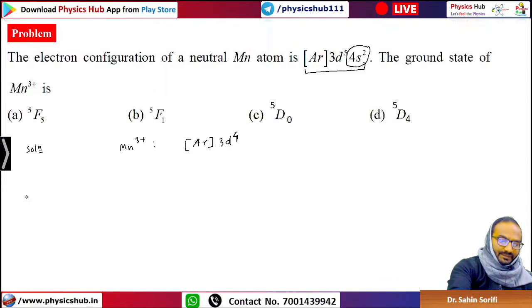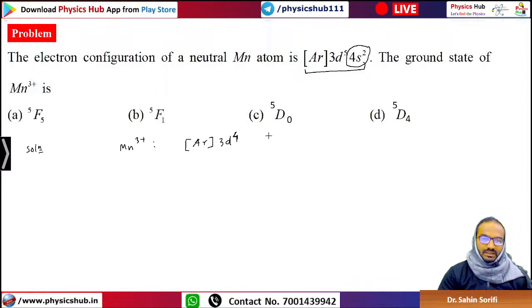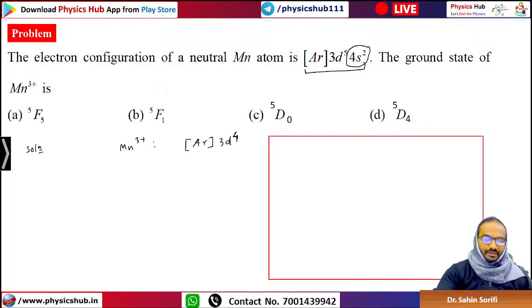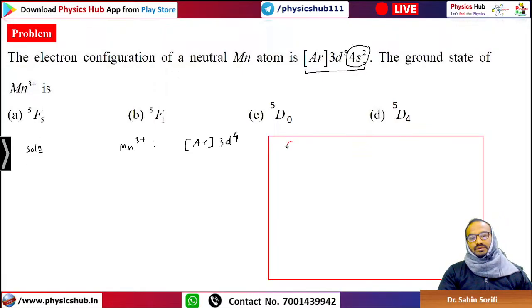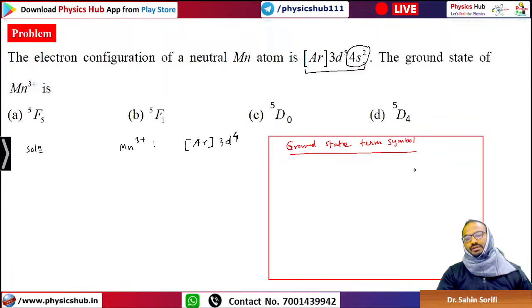Look, let me share with you a short trick to calculate the ground state. If you are not interested in evaluating all the terms, you can just go for the ground state term symbol. If you just want to calculate the ground state term symbol, you can follow this procedure. Let's take the example of the p subshell, p orbital.